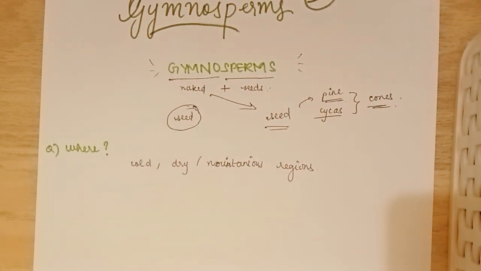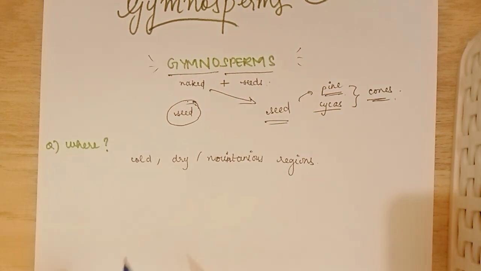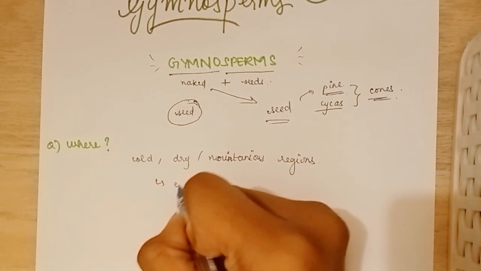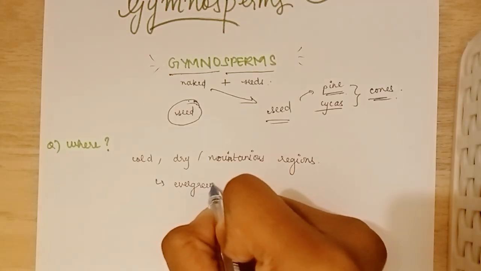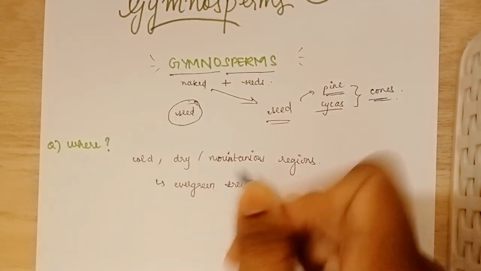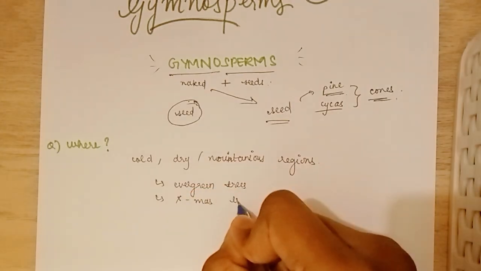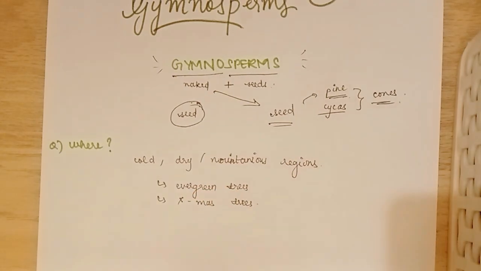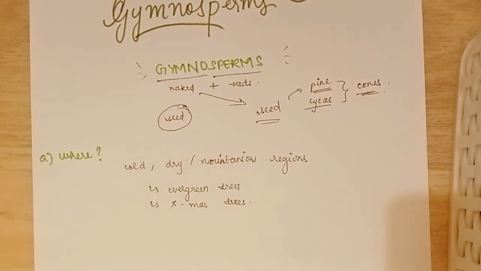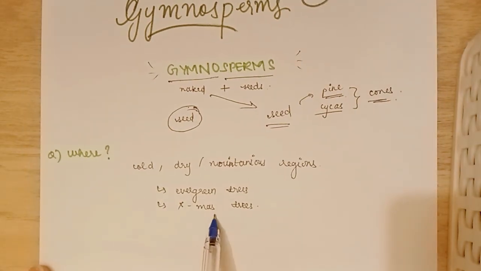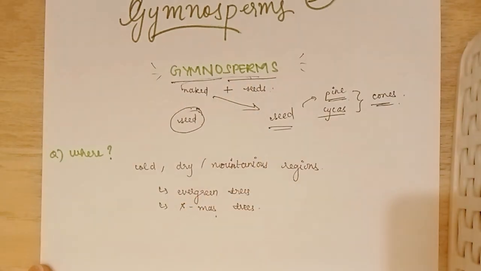Because these are the places where they will be more eligible to live or more adaptable to live. Examples are evergreen trees, or the most common example are Christmas trees. All the Christmas trees are pine trees almost, and these are an example for gymnospermic plants.